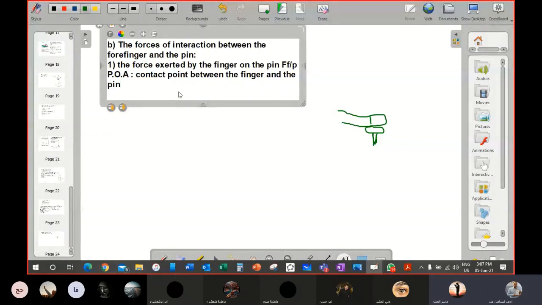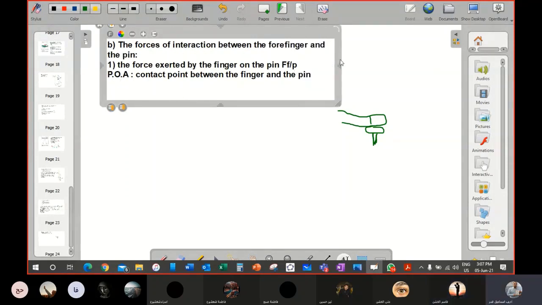Line of action. If we are pressing it on the board it becomes horizontal. Okay, contact point between the finger and the pen, point of application. Line of action, horizontal.